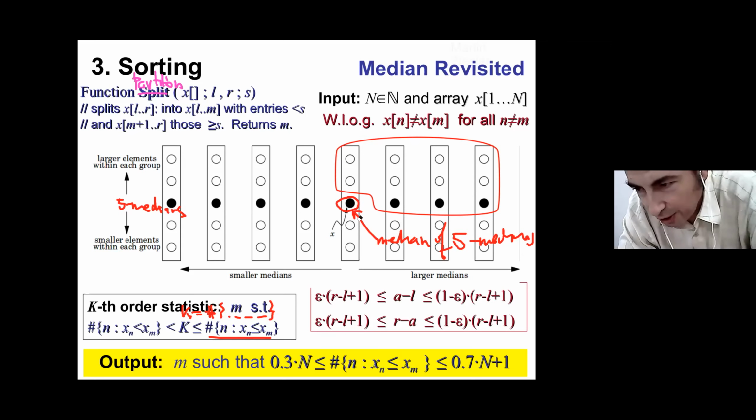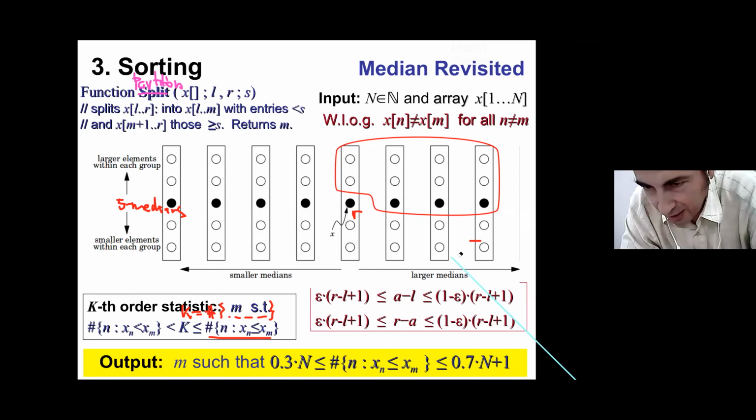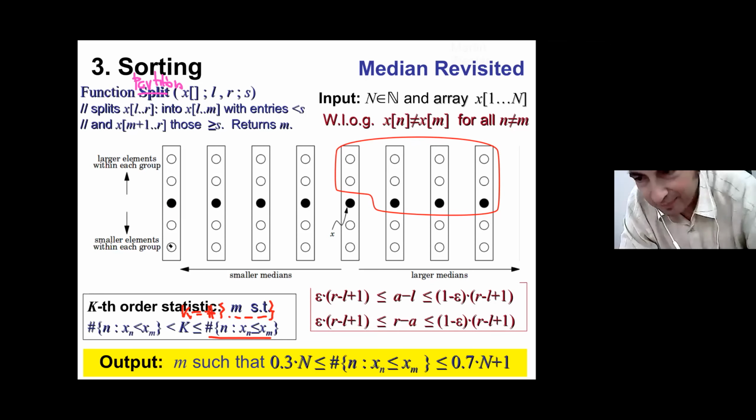Now, what is good about this element? I claim that this element is a good choice and satisfies this property, which is here in the bottom, put in the spotlight. The element is at least 0.3 times n away from the smallest element, and it is at least 0.3 times n away from the largest element.